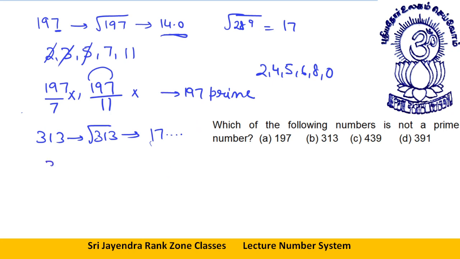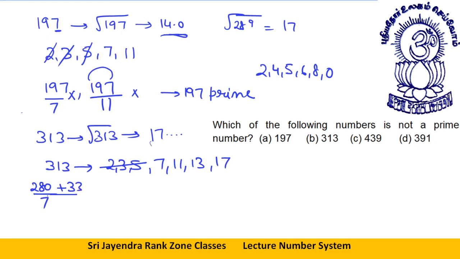So let's divide 313 by which numbers? 2, 3, 5, I told you we don't check these numbers. You just need to divide by 7, 11, 13, 17. No other number. Okay. 313 divided by 7. I can write 313 as 280 plus 33. This is not divisible by 7.